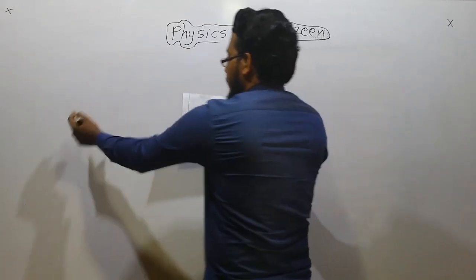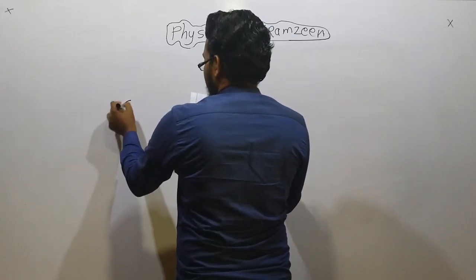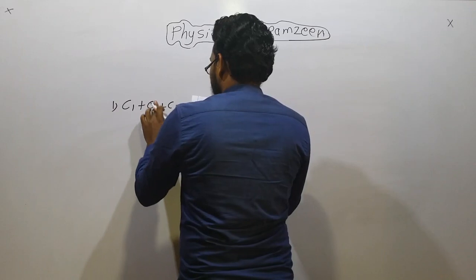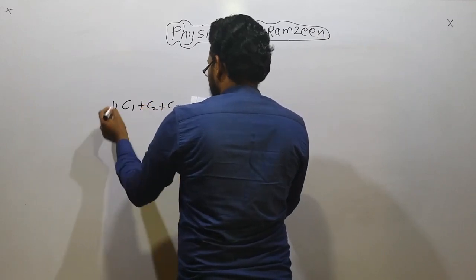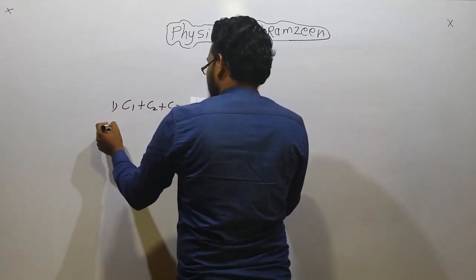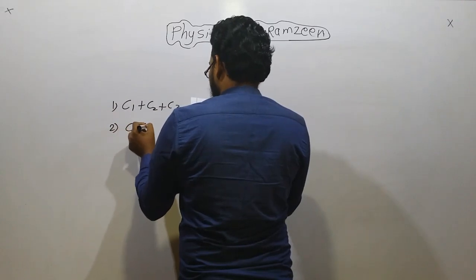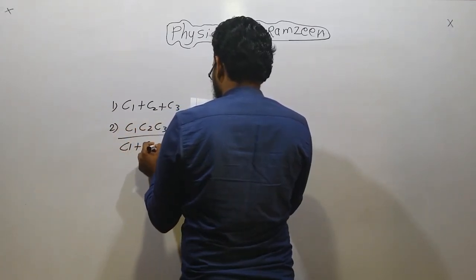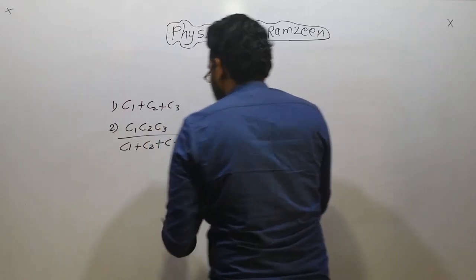First I write the answers given in the question. C1 plus C2 plus C3 is the first answer. The second answer is C1 multiplied by C2 multiplied by C3 over the addition of the three capacitance values.